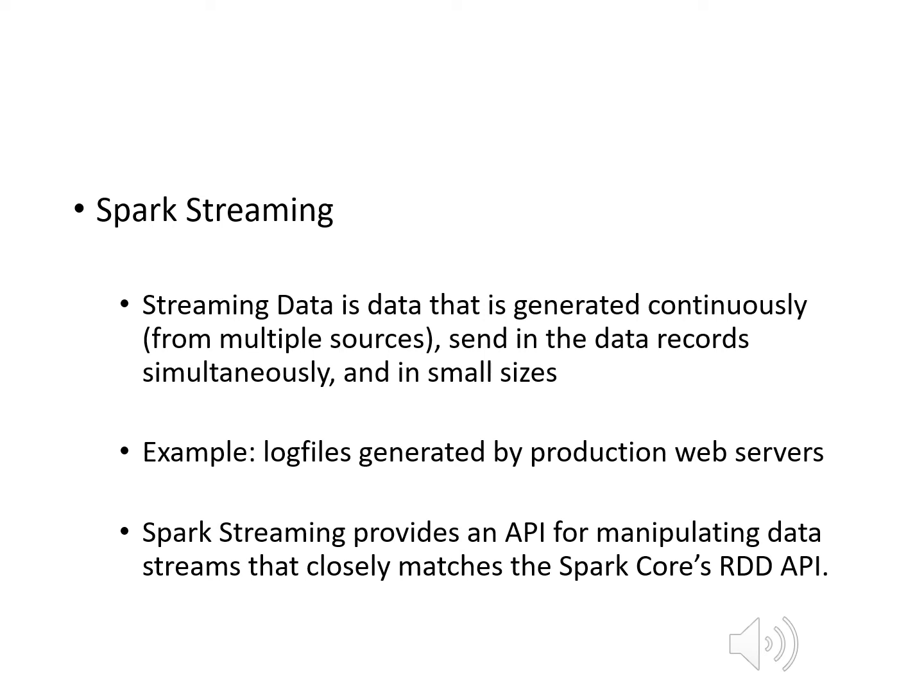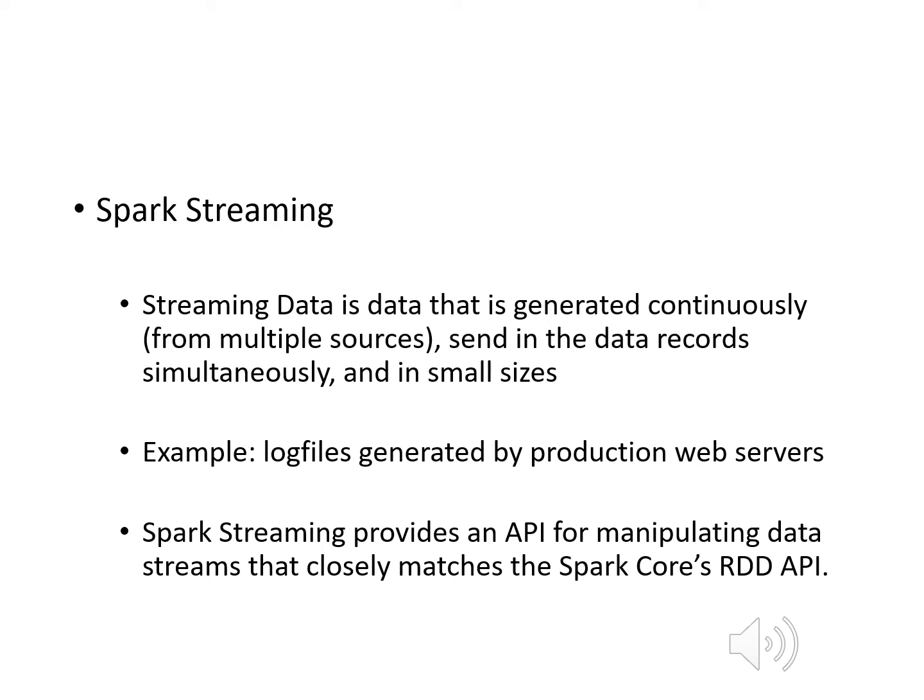Spark Streaming is a Spark component that enables processing of live streams of data. Streaming is a concept. It means the data is continuously generated and sent simultaneously in small sizes. For example, data streams include log files generated from production web servers, or queues of messages containing status updates.